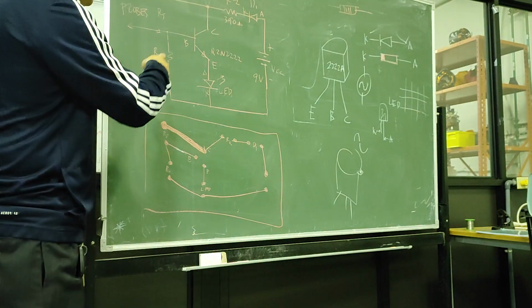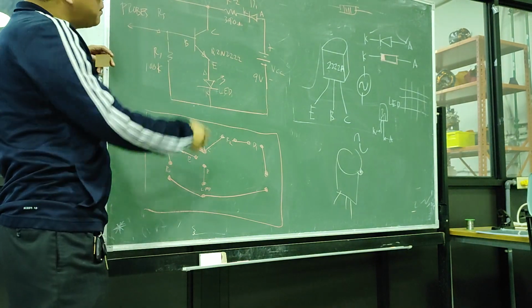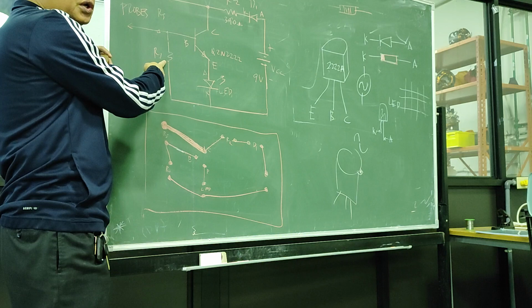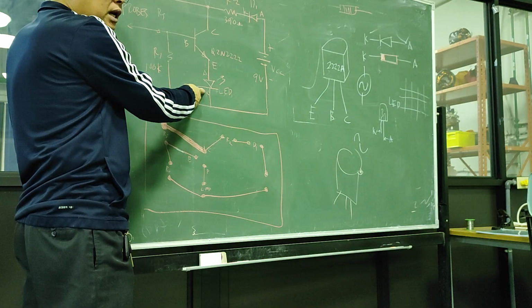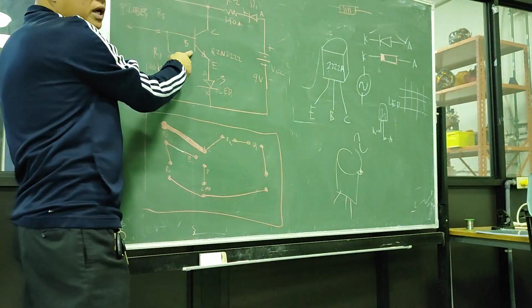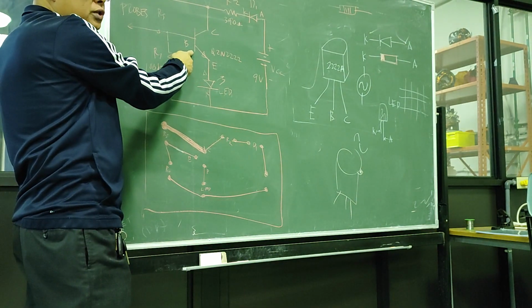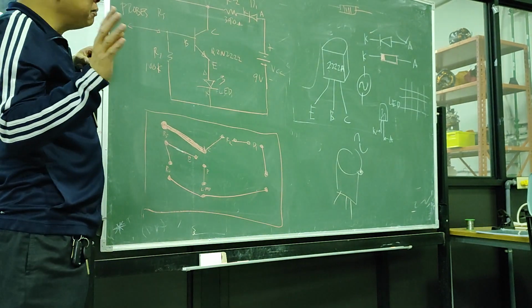You must be familiar with the kind of components here. What are these? Resistor, LED, diodes also, the source, and the transistors. Now, it's very simple.